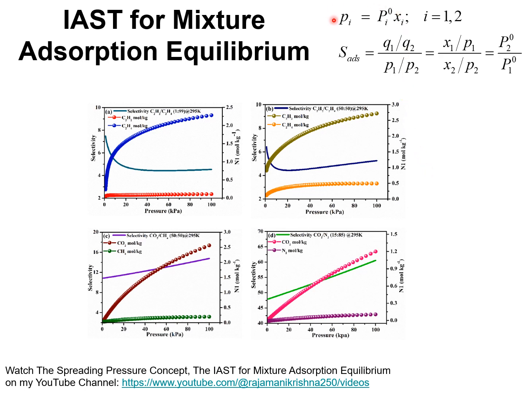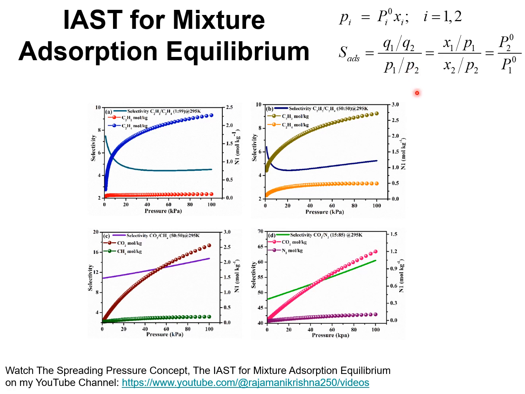This expression is the analog of the Raoult's law for vapor-liquid equilibrium. The adsorption selectivity for a binary mixture of components 1 and 2 is the ratio of the molar loadings of the two components divided by the corresponding partial pressures in the bulk gas mixture.